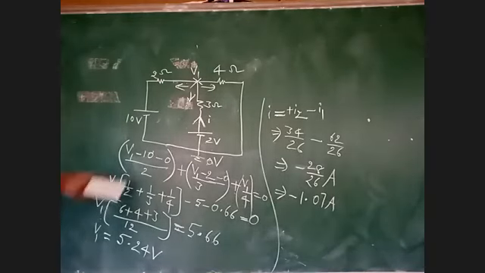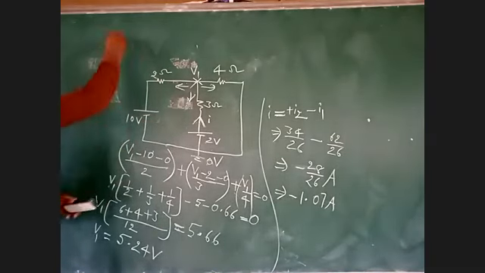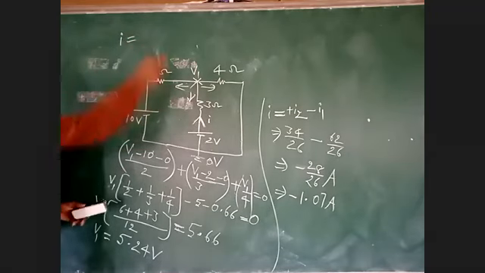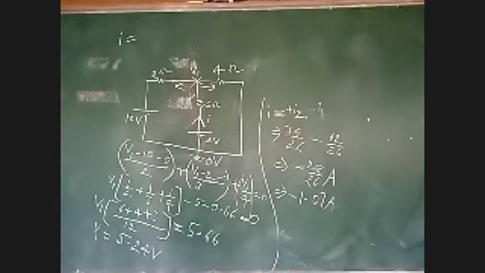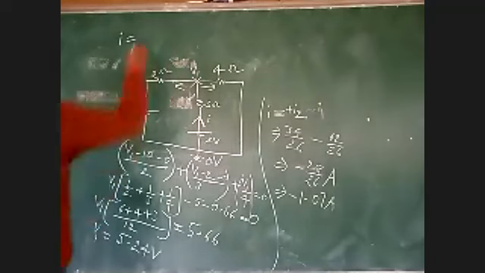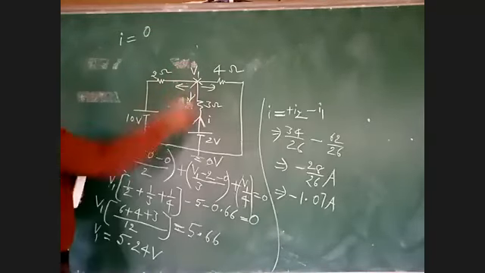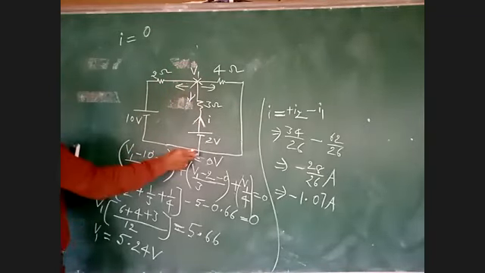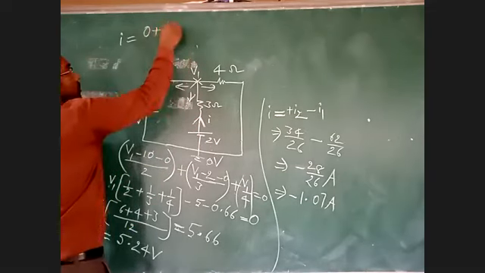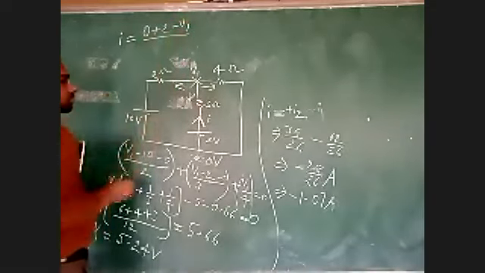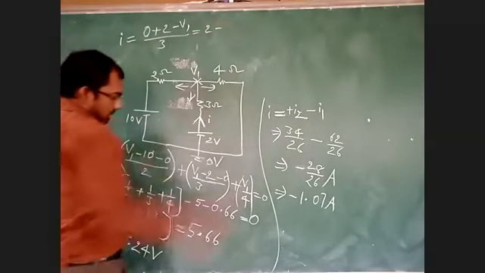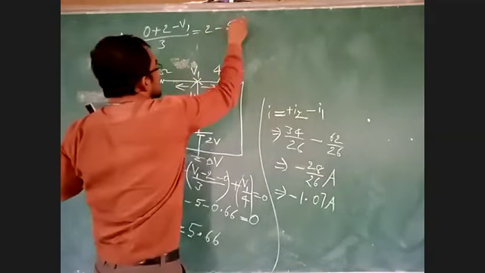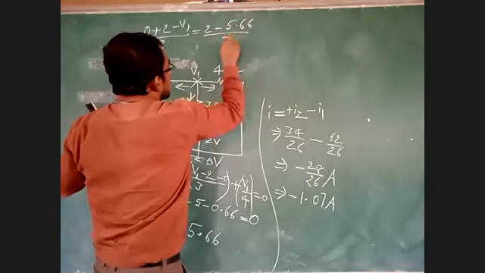Now I don't want the node voltage. I want the current. What is the current? Minus V1 by 0. This is moving upwards. 0 is the higher potential, V1 there. Plus 2 minus V1 by 3. That is 2 minus 5.66 divided by 3.